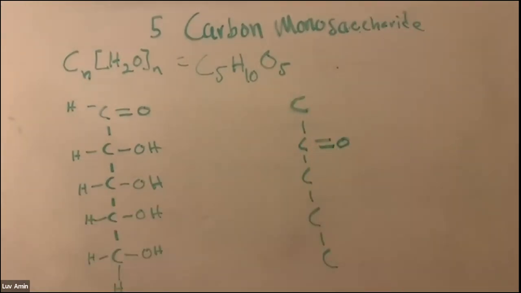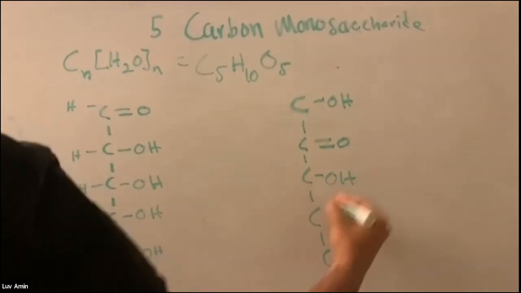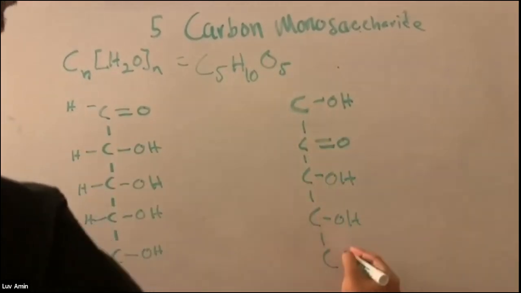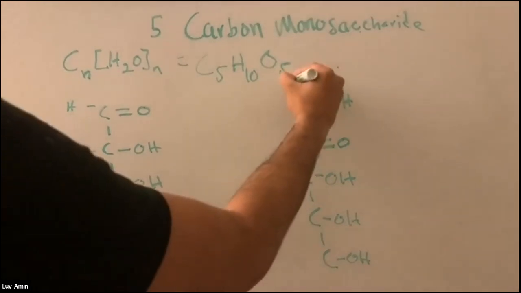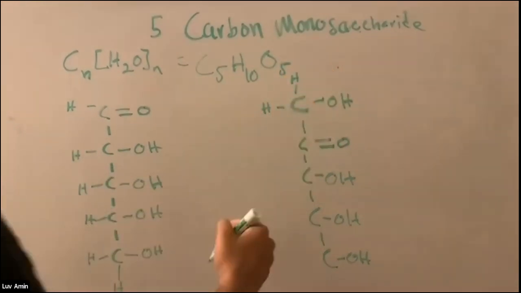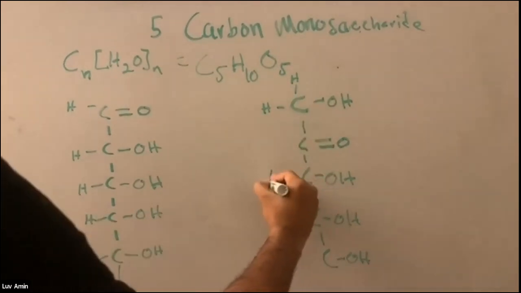And I'll fill the rest of my carbons with hydroxyl groups. And finally, I'll throw in my hydrogens. This one doesn't have one because it has 4 bonds already. So we'll move on.